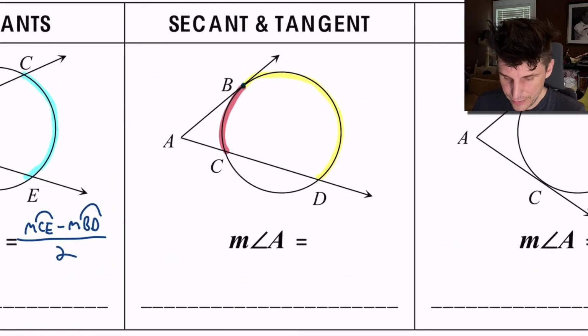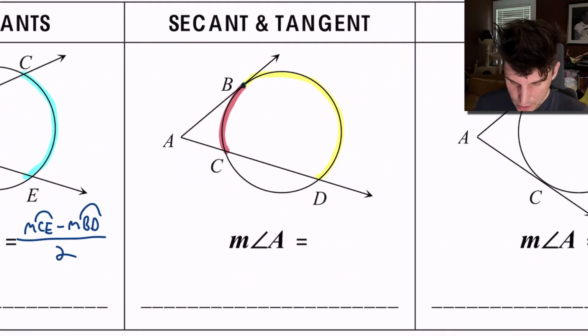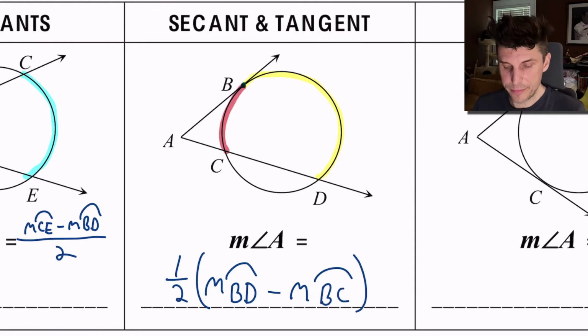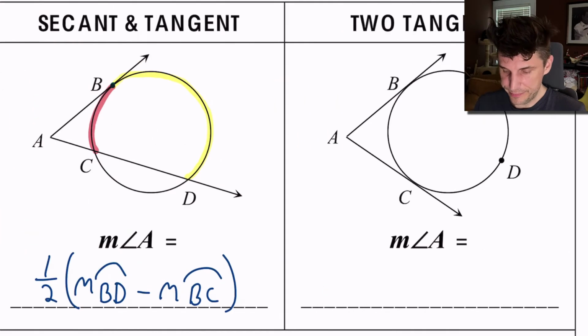All right, so the measure of angle A equals, let's write it this way just for fun, 1/2 the measure of arc BD minus the measure of arc BC. There you have it. One more combination.